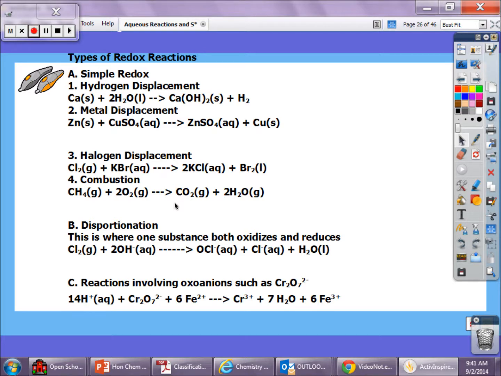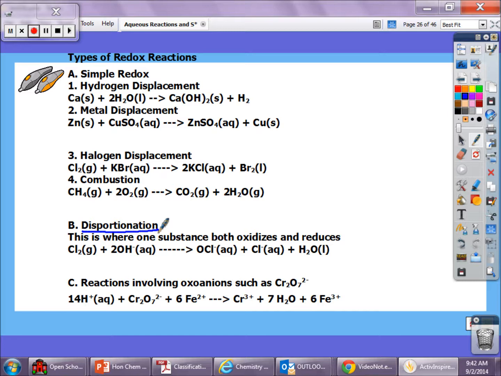I would strongly advise you to write down this word, because you may see it again. Write down disproportionation. A disproportionation reaction is a reaction in which the same element is oxidized and reduced in the same equation. This is where one substance both oxidizes and reduces.